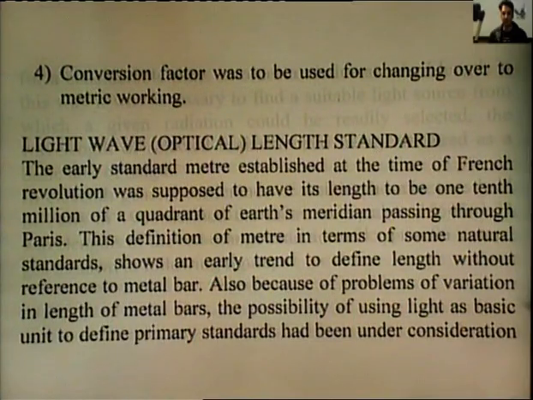This definition of the meter in terms of a natural standard shows an early trend to define length without reference to a metal bar. Also, because of problems of variation in length of metal bars, the possibility of using light as the basic defined primary standard has been under consideration.